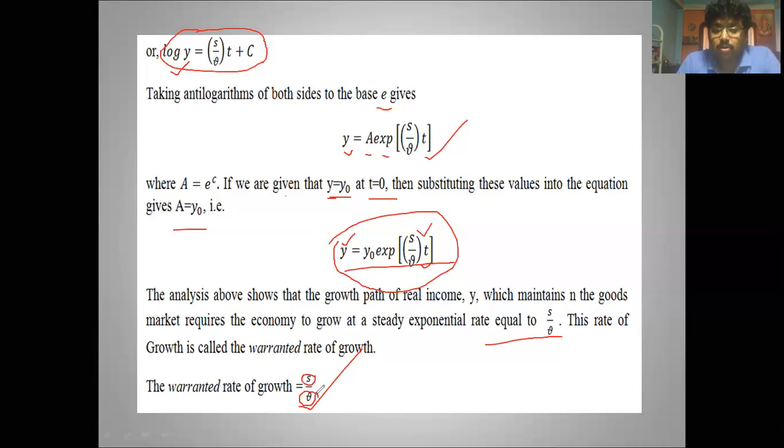And here we found that the warranted rate of growth is nothing but the rate of growth where desired investment is equal to desired savings, while maintaining full capacity output at every point in time.